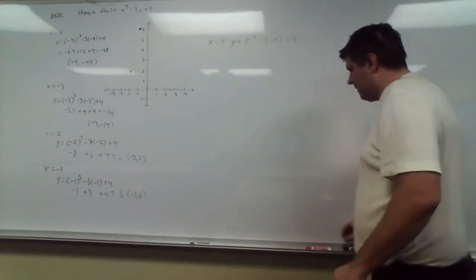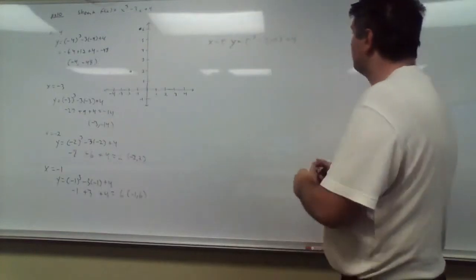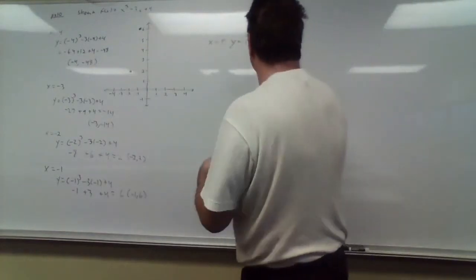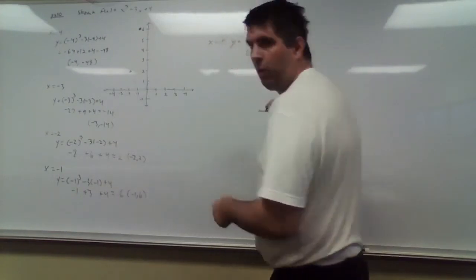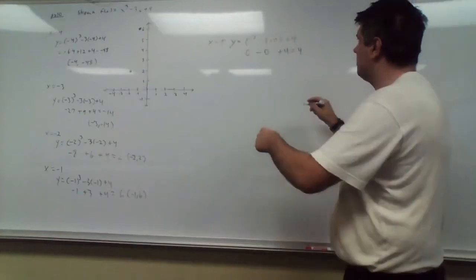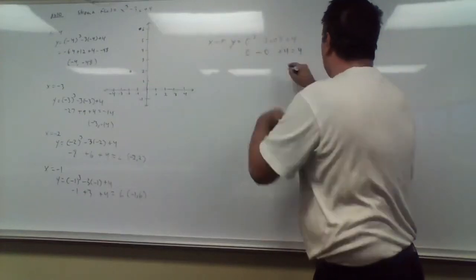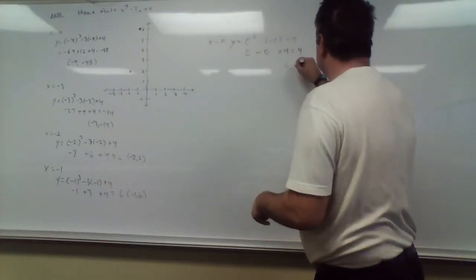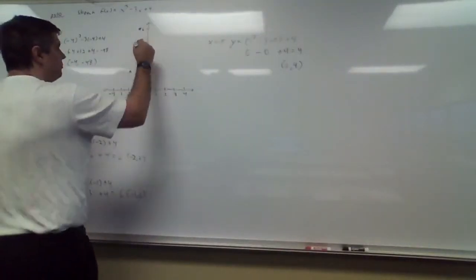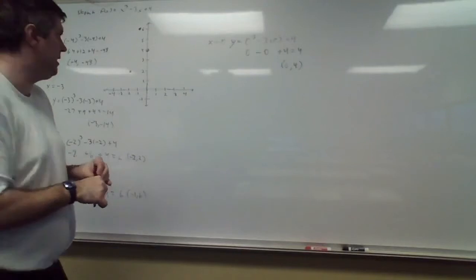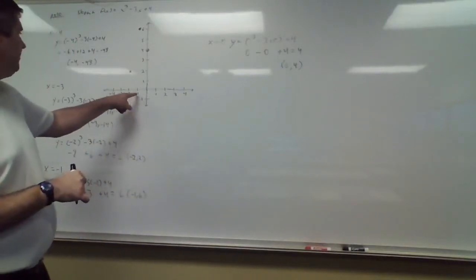Okay, so that's 0 minus 0 plus 4 is 4. So we have 0, 4. Okay, so we did negative 4, negative 3, negative 2, negative 1, 0.